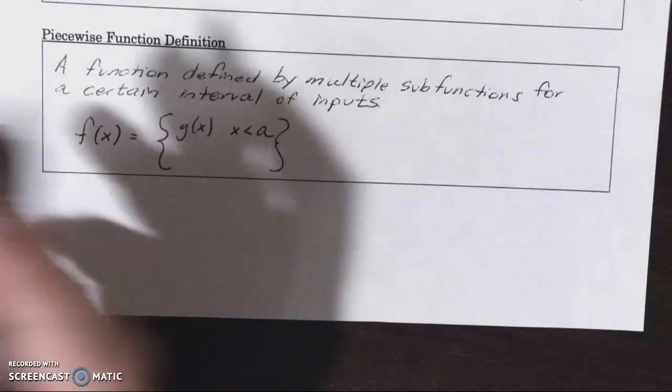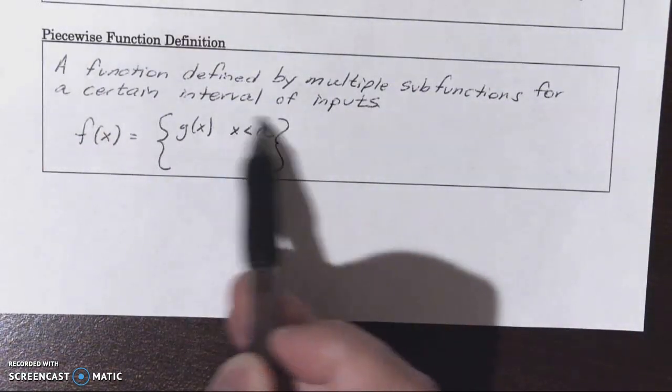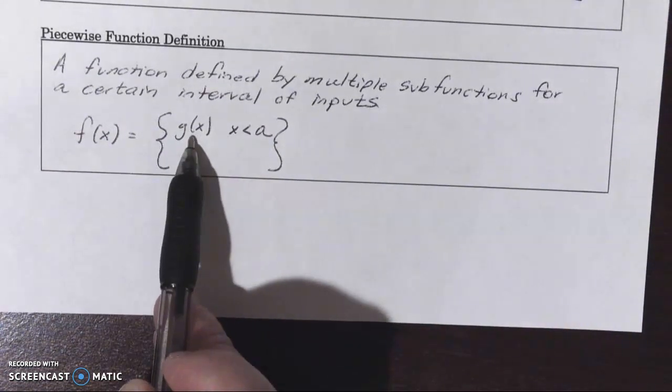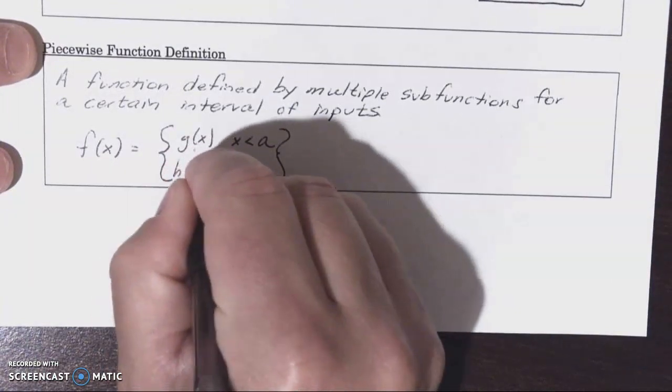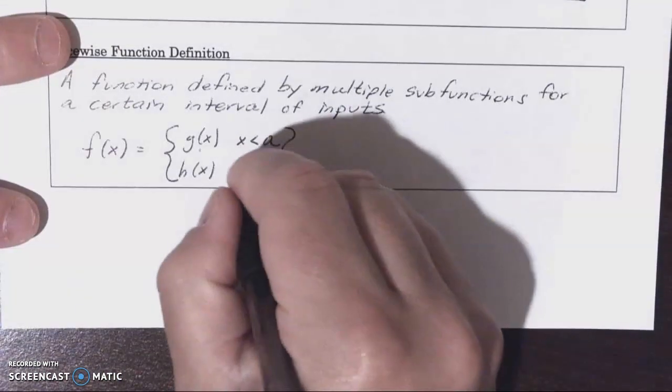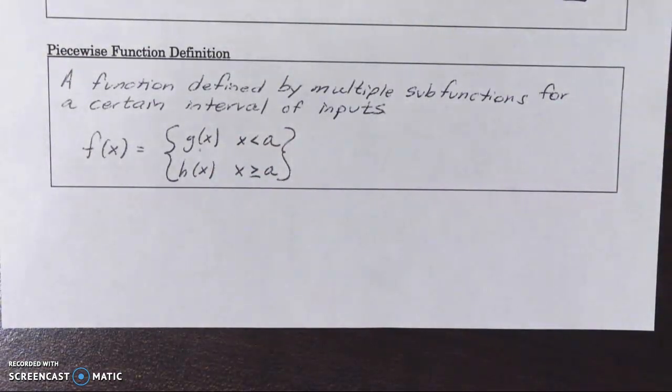Okay? And again, we're thinking generally here. So anytime x is less than a, that input would be defined by this function. But it wouldn't be all inputs. We'd have maybe a different subfunction when x is greater than or equal to that real number a.